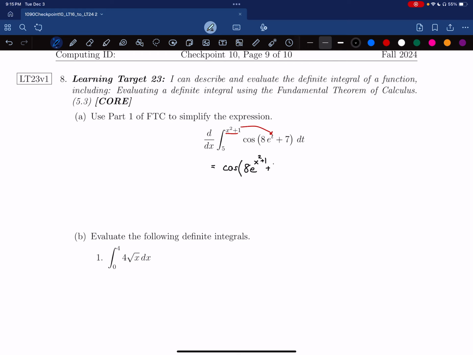Still plus 7. But then now, as I mentioned, we have to use the chain rule and take the derivative of that upper bound, x squared plus 1. The derivative of that is 2x. So there we go. That's our answer. Didn't actually have to take the antiderivative, just recognizing the fundamental theorem of calculus.